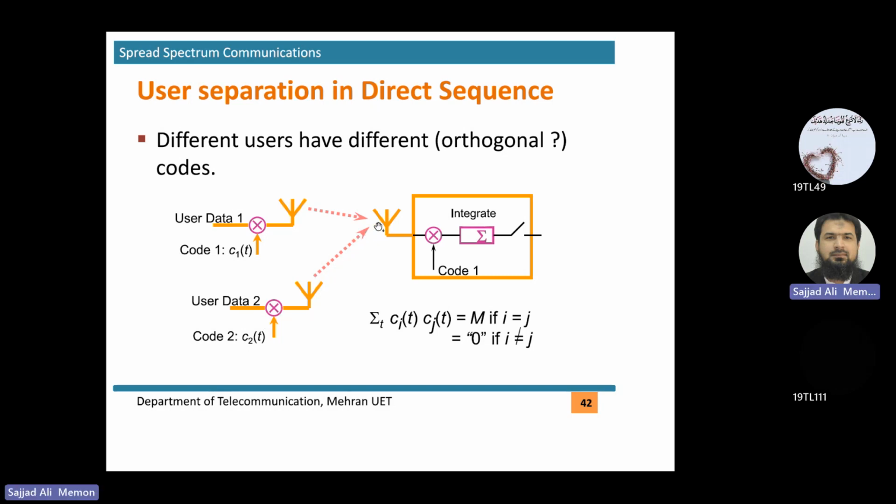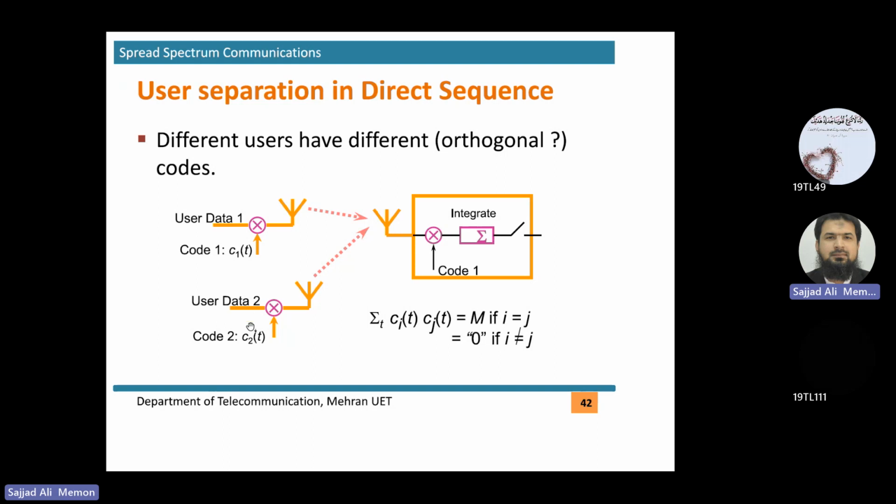Both will be summed, and here the code one will be multiplied, and then we have the integration. The data that was multiplied with C1(t) will be again multiplied with the same code, so that will become a narrowband signal again.